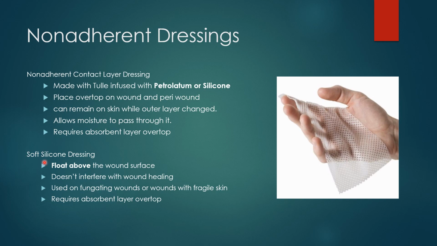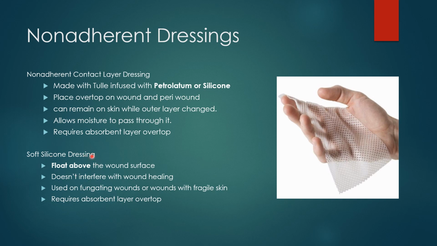The next one we have is a soft silicone dressing. This one is a little bit more of a honeycomb or mesh-like texture. This one here is a soft silicone dressing. These tend to float above the surface, as they are hydrophobic, meaning they repel water, so they sit right above the patient's skin.